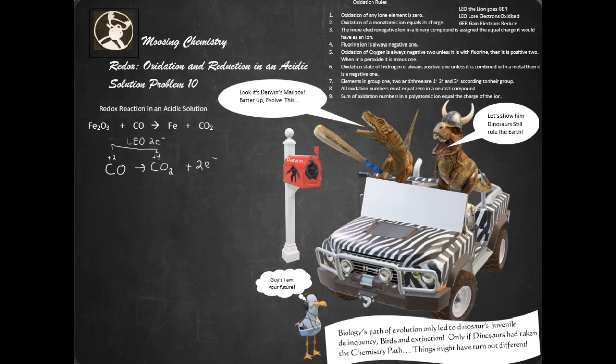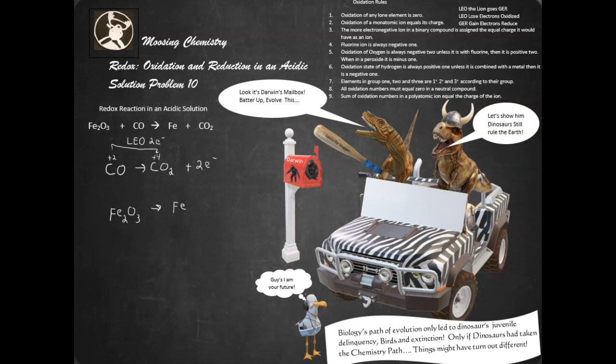Now let's look at the next one. The next half reaction is Fe2O3 to Fe. So we're going to write Fe2O3 yields Fe. Pretty cool, huh?